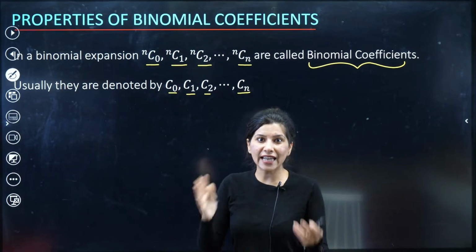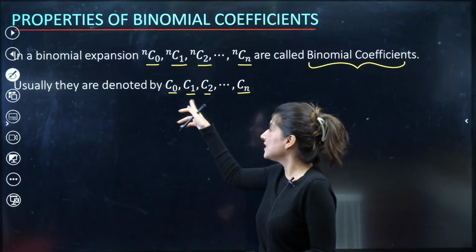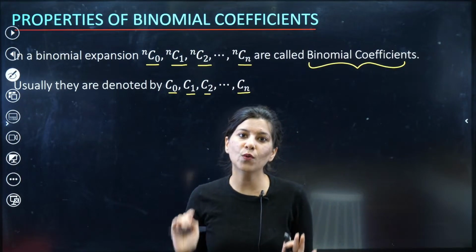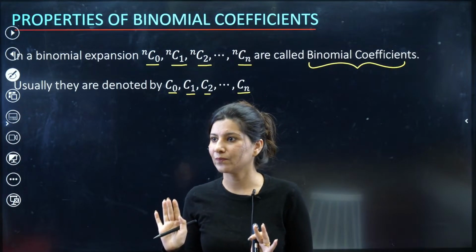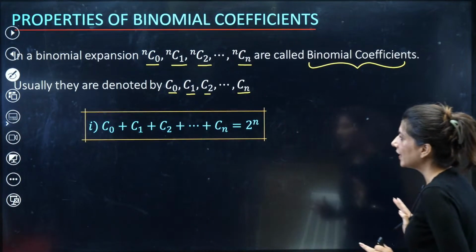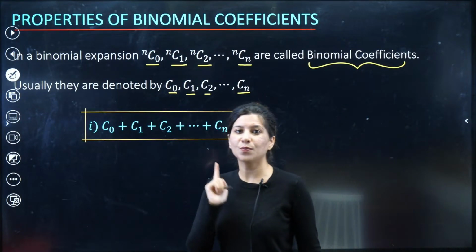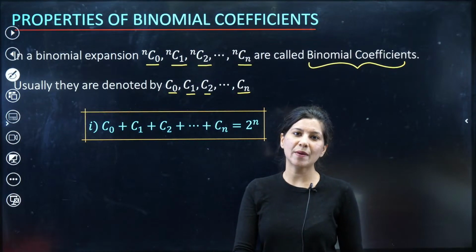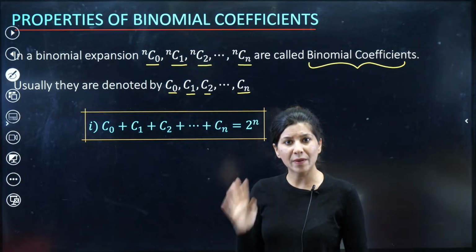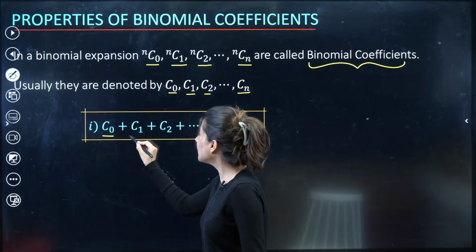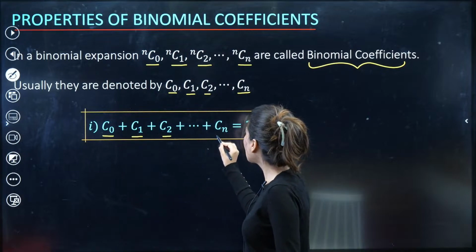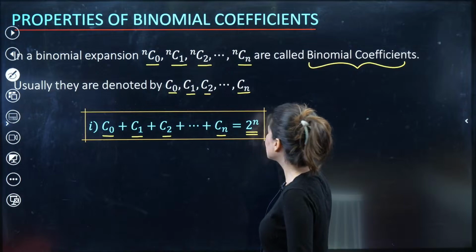So if I write NC0 or if I write C0, please do not complain because both represent the same thing. Now the very first property, which I hope you all remember, is that NC0 plus NC1 plus NC2 and all the way up to NCn is nothing but 2 raised to the power n.